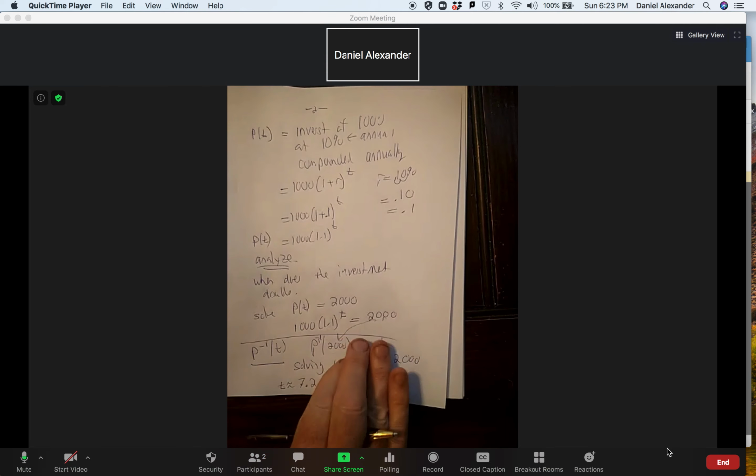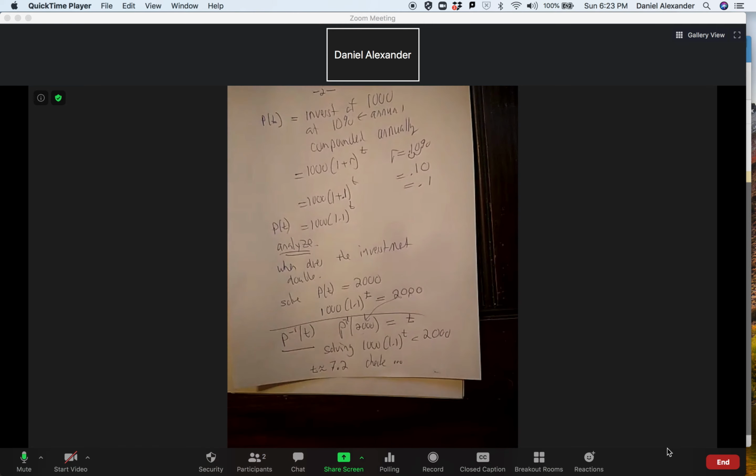By the way, this tells us that in 7.2 years, a $1,000 investment doubles, and again, that's about the rate of return of the stock market as a whole historically. Some years it sucks and you lose 10 or 20%. Some years you might gain 30%. So it's an up and down ride, but in the long term is what I'm talking about.